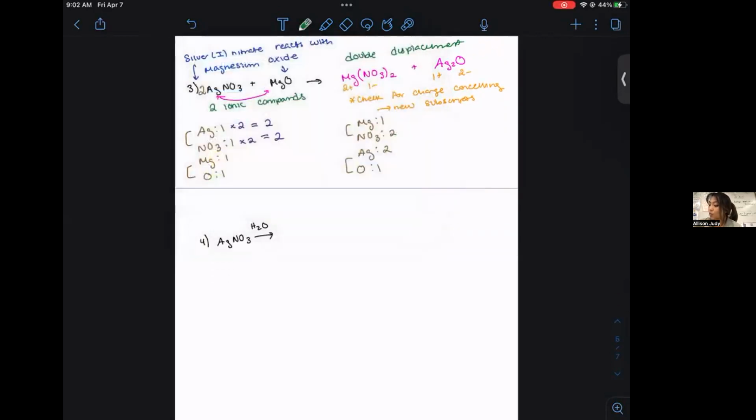Water. Okay, water. When you see this in a watery environment and you have an ionic compound, you gotta bet your bottom dollars that this is dissociation, which is totally not equal to decomposition. Okay, it is not equal to decomposition.